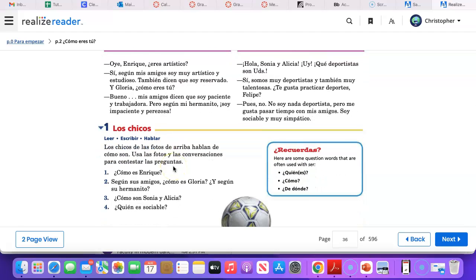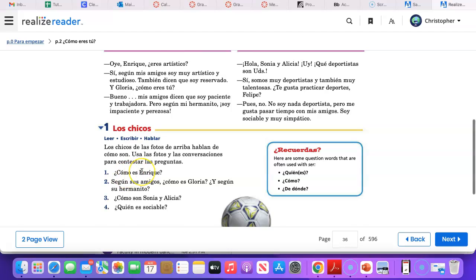for exercise 1 it says, los chicos de las fotos de arriba hablan de cómo son. Usa las fotos y las conversaciones para contestar las preguntas. The kids from the photos above talk about what they're like, cómo son. Use the photos and their conversations to answer the question.